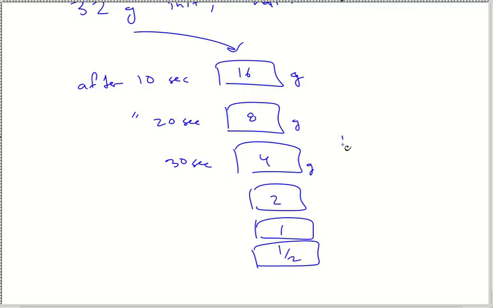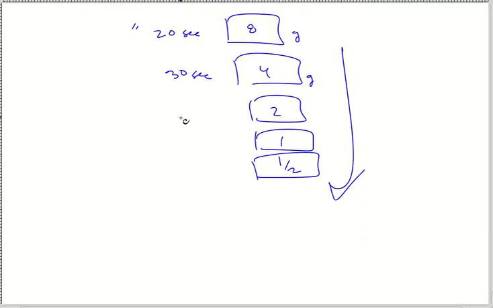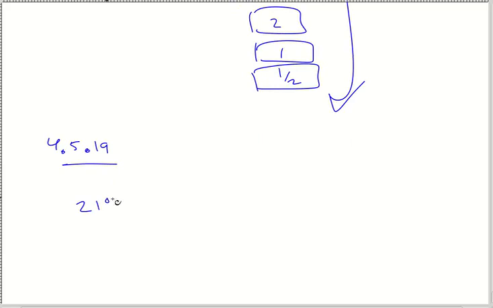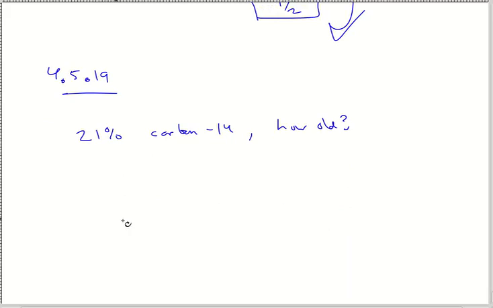It's super easy. 4, 5, 19. This is a classic problem. 21% of this carbon-14 stuff is left over, they say. How old is it? So I got A is equal to A naught.